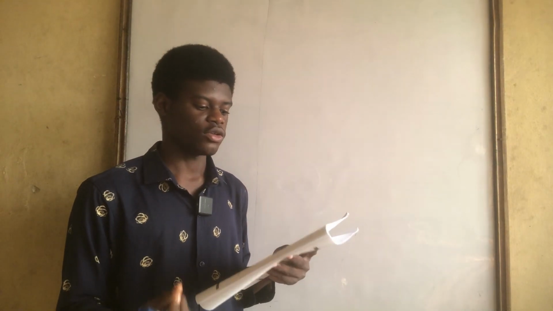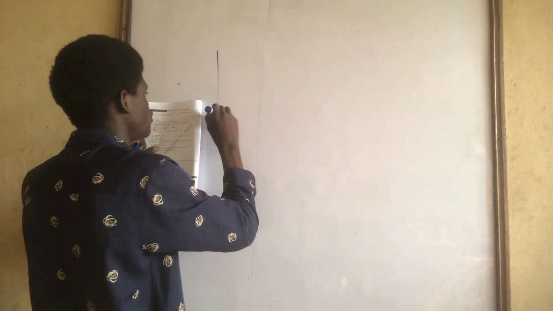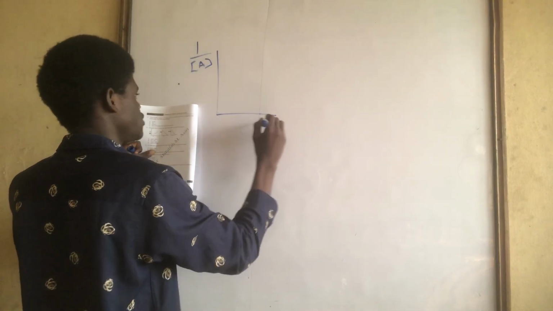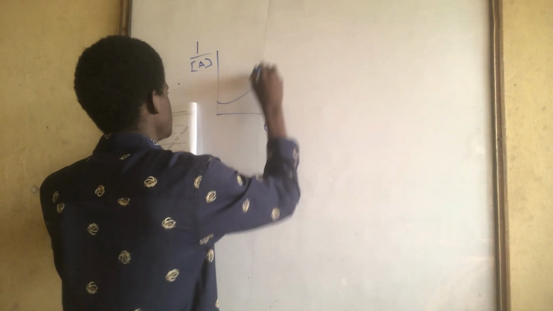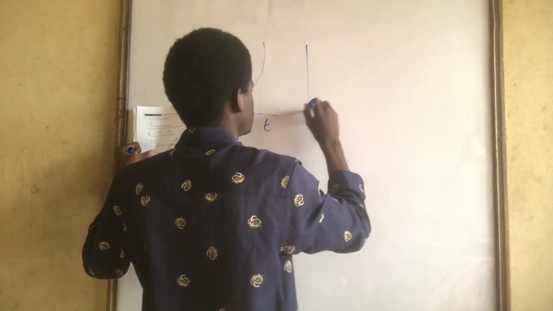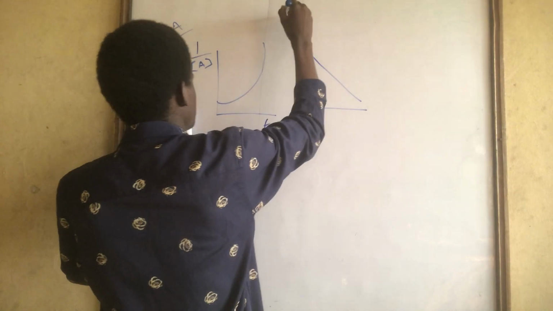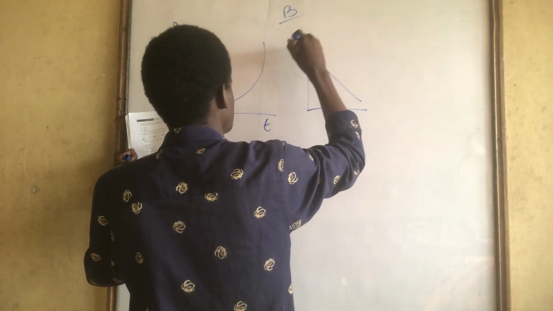So for question number 41, they said the graphs below all refer to the same reaction. What is the order of this reaction? You can see three graphs were given. One was 1 over A against time, and it went like this. This is graph A. Graph B was like this.